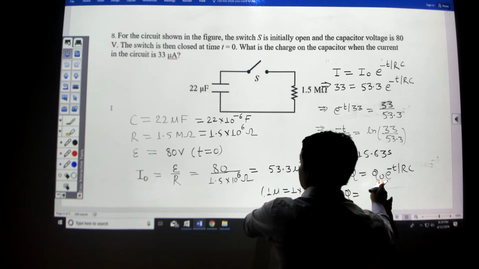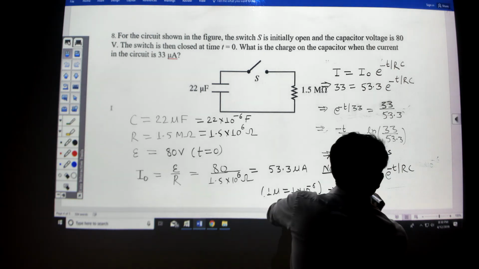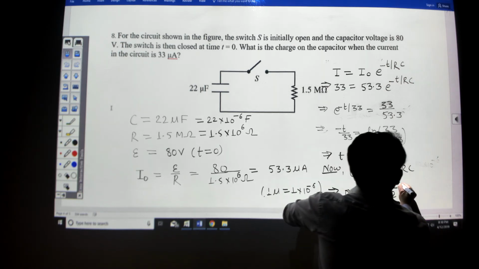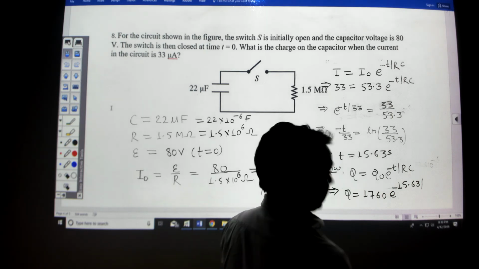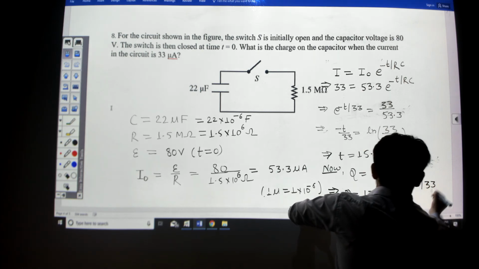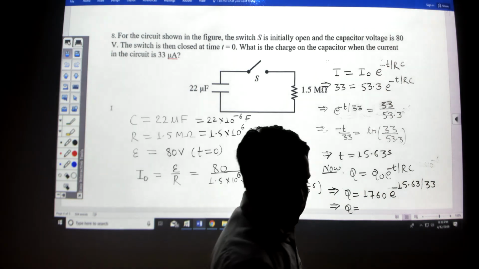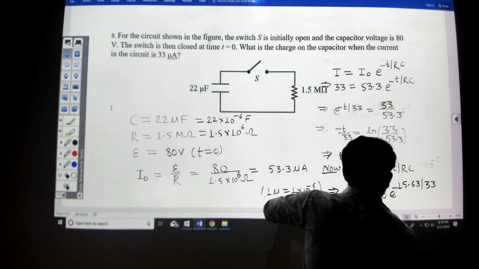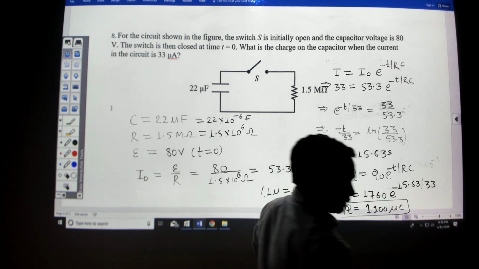What is the initial charge? We calculated the initial charge, which was 1760. The time is 15.63, and we also calculated the RC, which was 33 seconds. So the charge onto the capacitor when the current in the circuit is 33 microampere is 1100 microcoulomb. This is what you get.